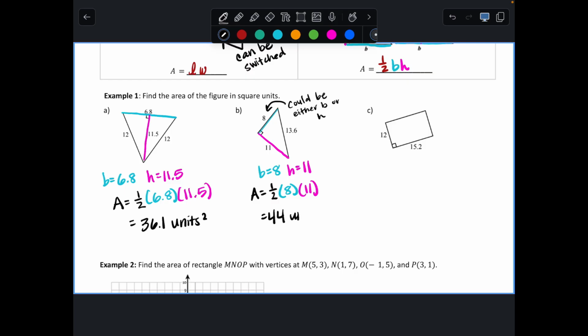So this is going to be 44 units squared. All right, the next one is a rectangle. So for W, I'll use 12. And for the length, I'll use 15.2. Again, you can switch those and make the length 12 and the width 15.2. You'll get the same answer. So the area of this rectangle is 182.4 units squared.